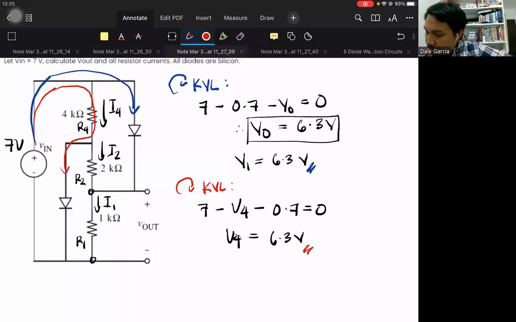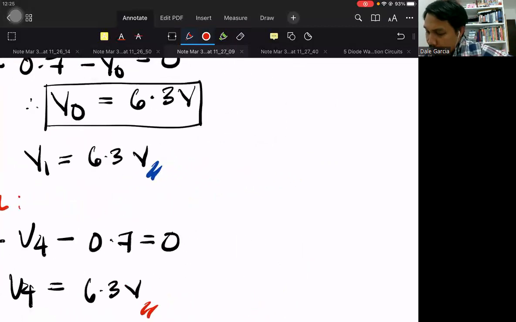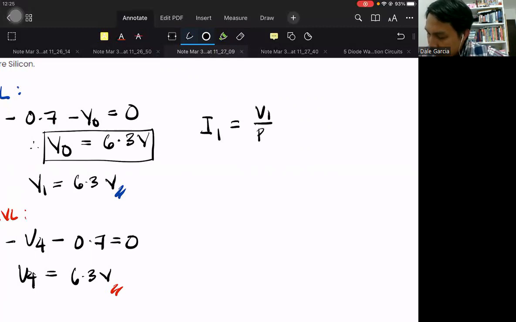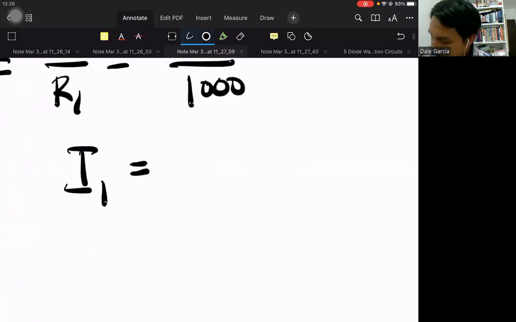So actually we can already get the currents I1 and I4. I1 is V1 over R1, 6.3 volts over 1K, so I1 is equal to 6.3 milliamperes, of course.